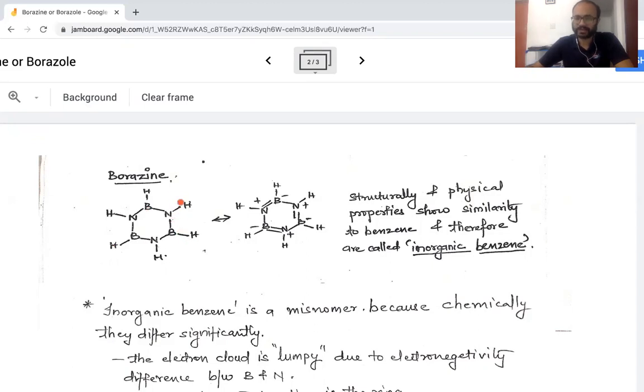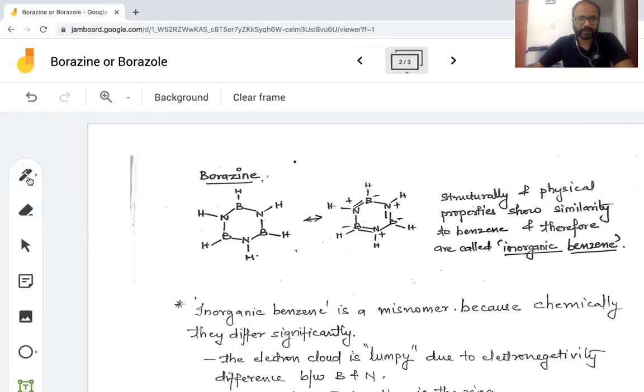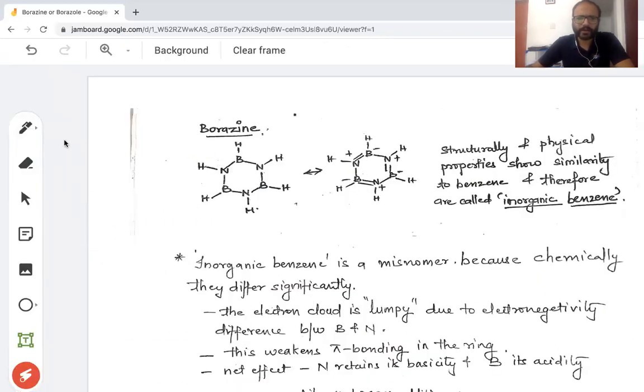Now, if you see here, we have lone pairs present on these nitrogens. So we can have a donation happening in this manner. If a donation is happening, you will get a double bond here, and a positive charge and a negative charge generated.